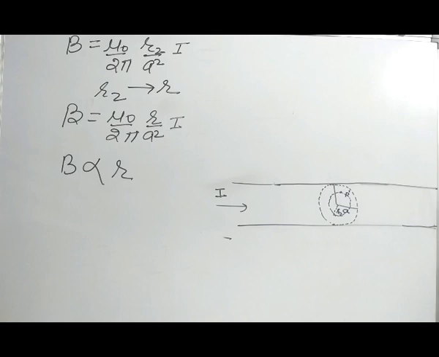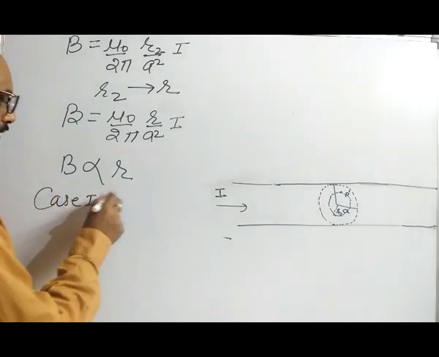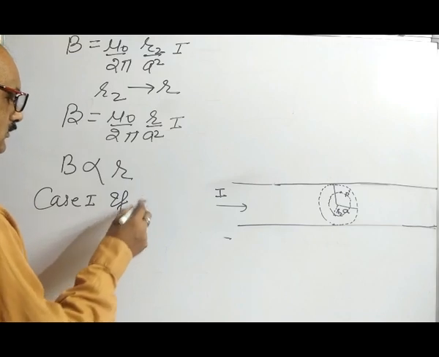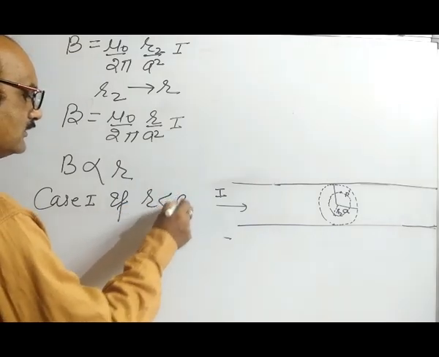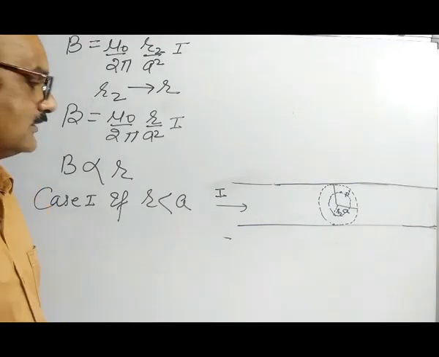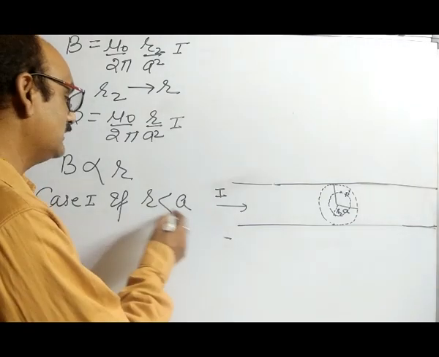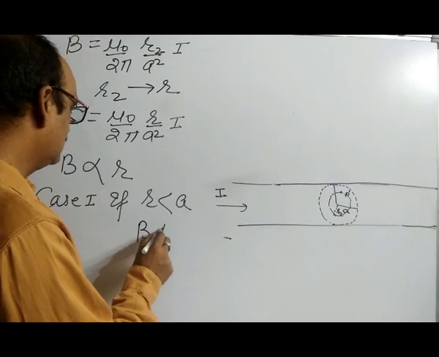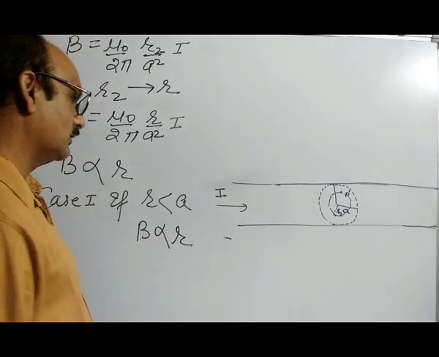Now what we are getting? Case first. If r is less than a, in that case, B is directly proportional to r.